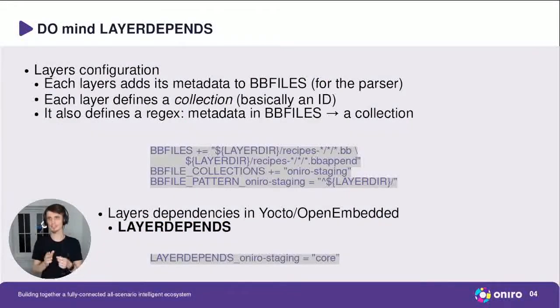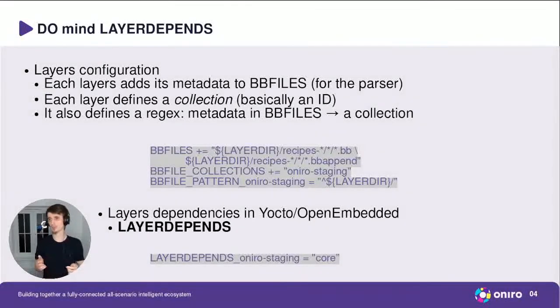Do mind layer depends. Now each layer has a layer configuration file called layer.conf, and this file defines various variables in the scope of the layer. For example, BBFILES, which is the bb and bbappend files that this layer provides. The BBFILE_COLLECTIONS, which is the collection ID to be associated with this layer.